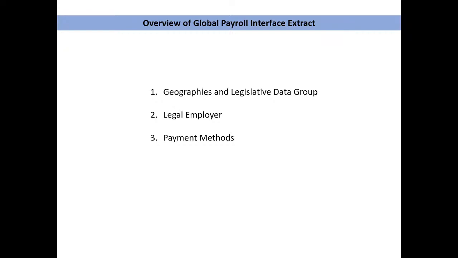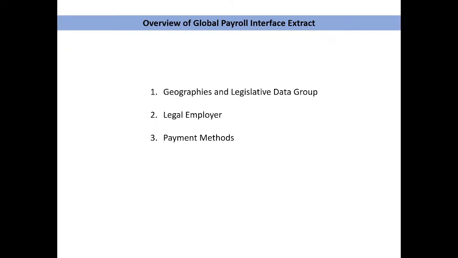Payroll interface uses the HCM extract infrastructure. All delivery options available within HCM extract are available for global payroll interface. For example, the output file can be sent through SFTP or using HCM Connect to a specified destination.